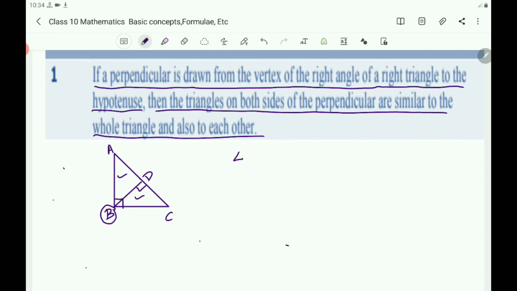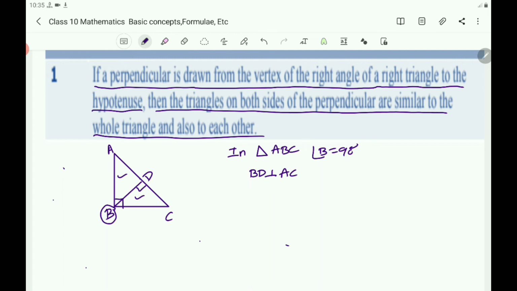So you can say that triangle ABD is similar to triangle DBC. Before that, you write, in right angle triangle ABC, angle B equals 90 degrees and BD is perpendicular to AC.